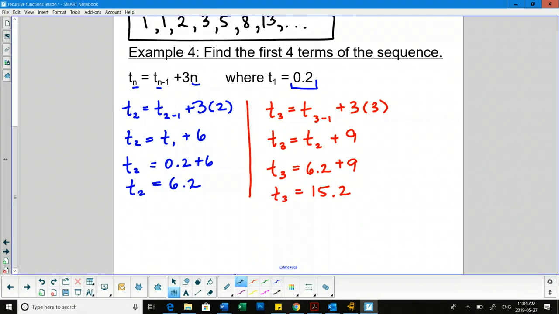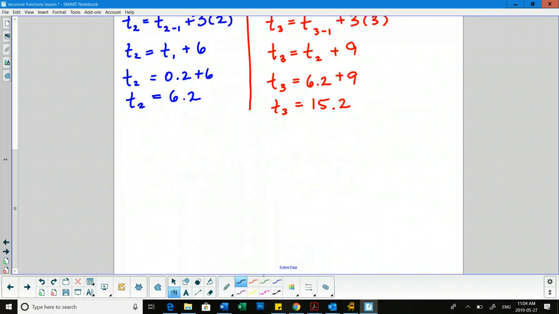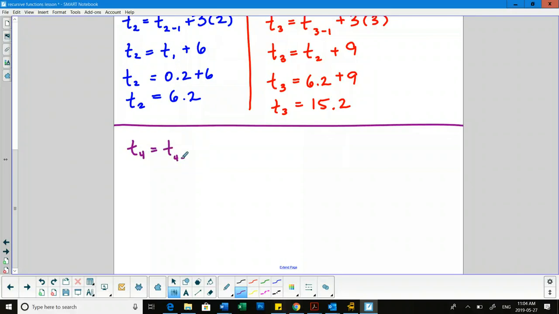Okay, if you want, you can do a further plug-in, but I think maybe we will do the last one plugged in. Let's just do it down here. So term 4 means I'm going to plug in 4 minus 1 here, plus 3 times 4. So all the n's get 4's in them. And then I'm adding 12 to term 3.